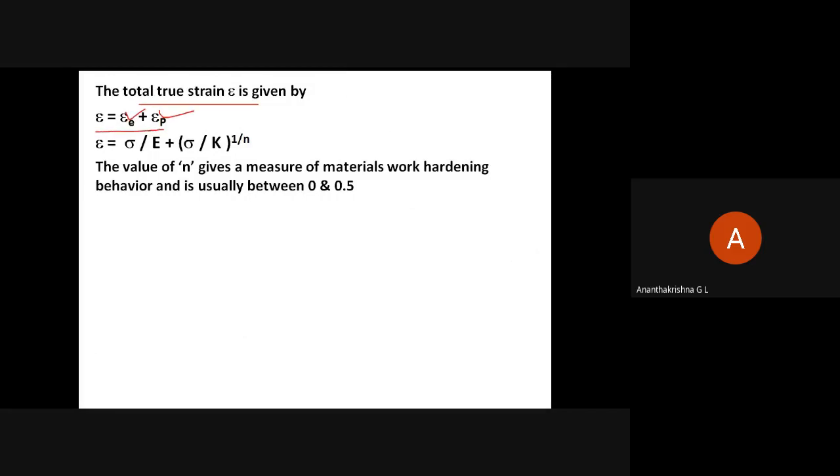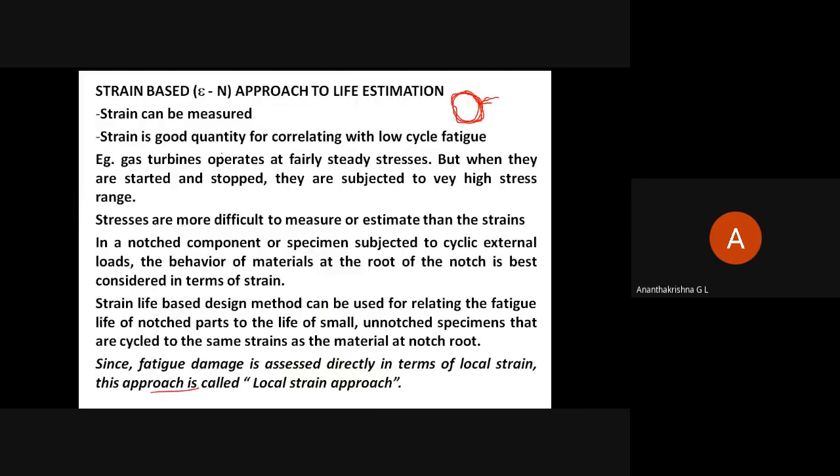From there you can come directly to the strain based approach to life estimation, and discuss that strain can be measured. It's a good quantity. Give an example of a gas turbine, or an example of gears during starting torque, because starting torques in the case of gears are much higher than running torques. You can talk about gears as the example.